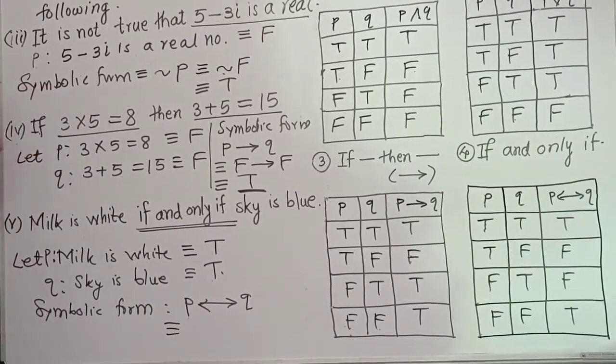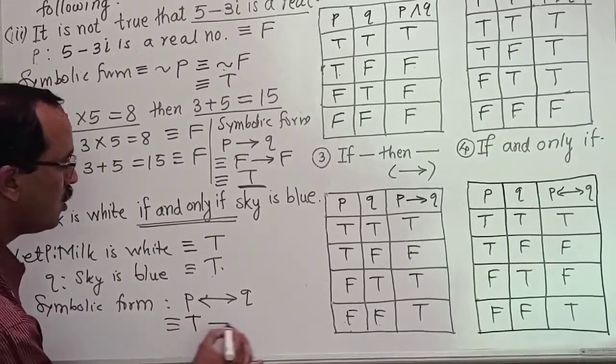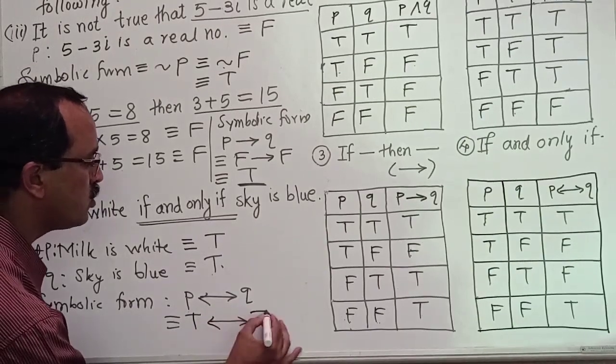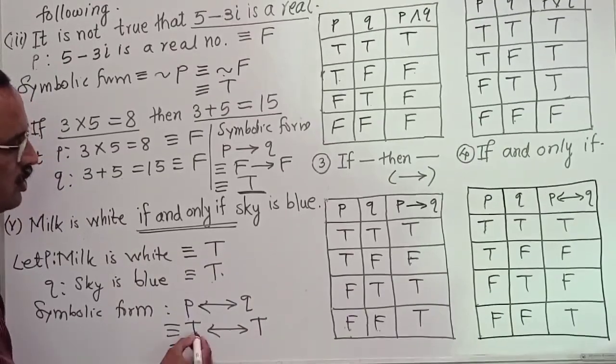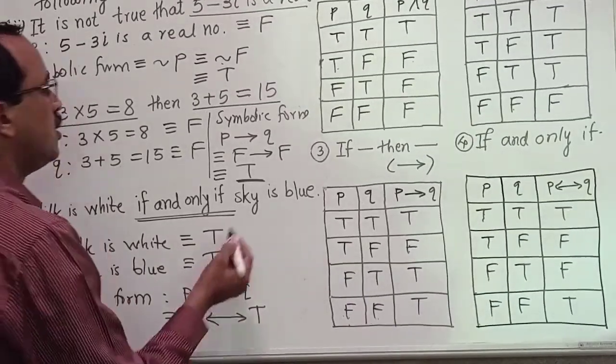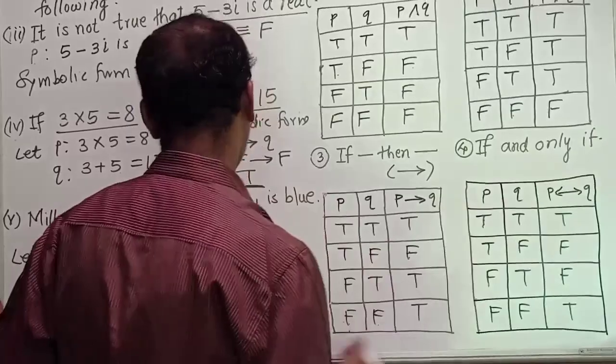Then we write its truth value. Value of P is true, if and only if value of Q is true, means it's T. T if and only if T. We see here the if and only if table.